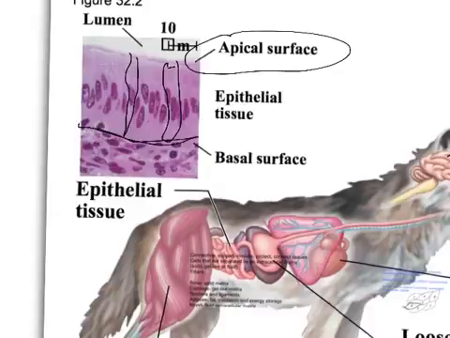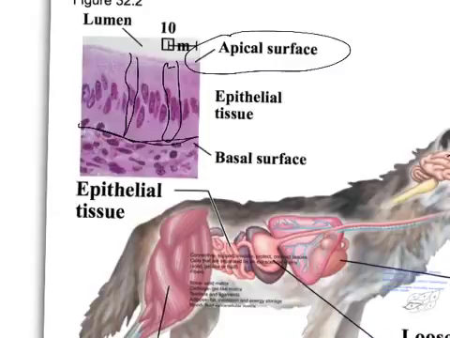So this cell is polarized. It has two distinct ends: an apical end, which is free to the outside, and a basal surface, which is attached. That is a characteristic of epithelial tissue.